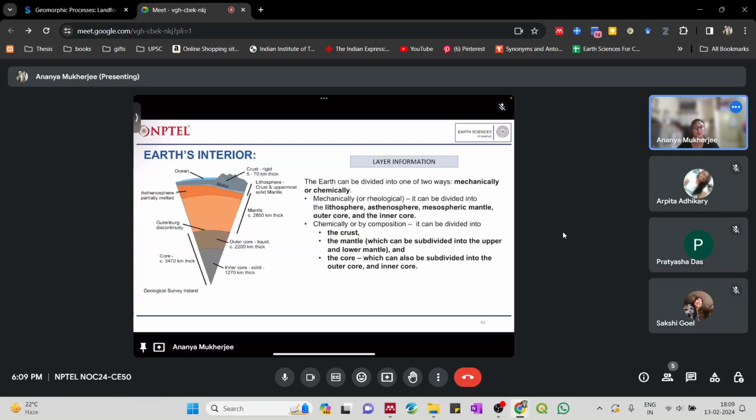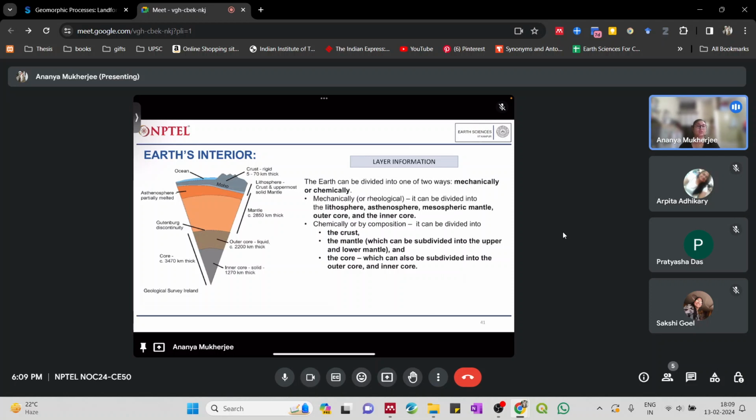So again, before we move on to the different kind of movements and processes that occur within the earth's surface, we need to look at the earth's interior a little more in detail than what we had seen in the first weekly session. As we had talked about even before, Earth's interior is essentially a layered structure.